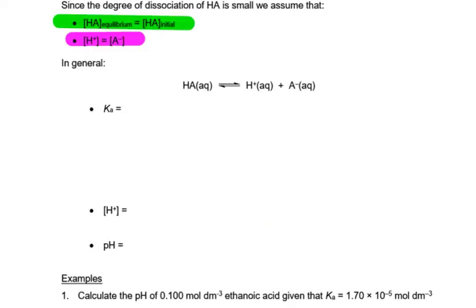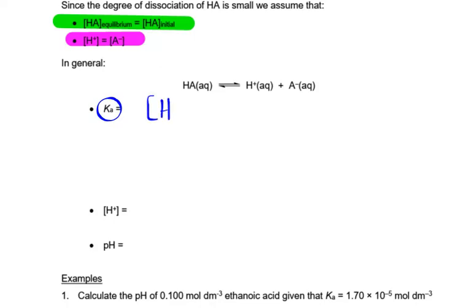Back to chemistry. So we have an equilibrium constant. This is the first time we've come across it. Very similar to Kc, but we're just giving it a different name because it's specifically to do with acid. So this is Ka. Remember that Kc was a measure of the concentration of the products over the concentration of the reactants, and it's the same here.